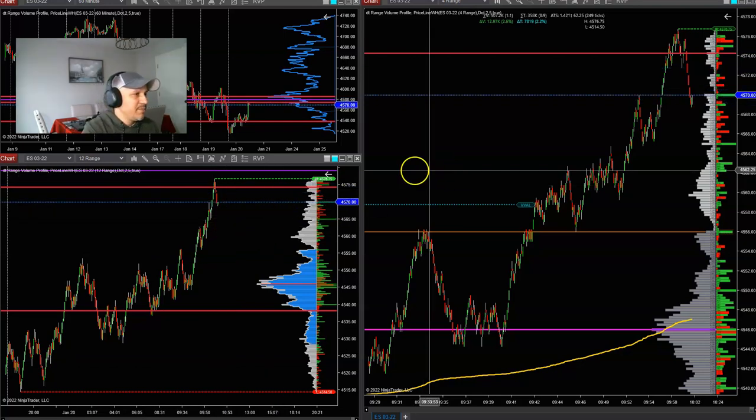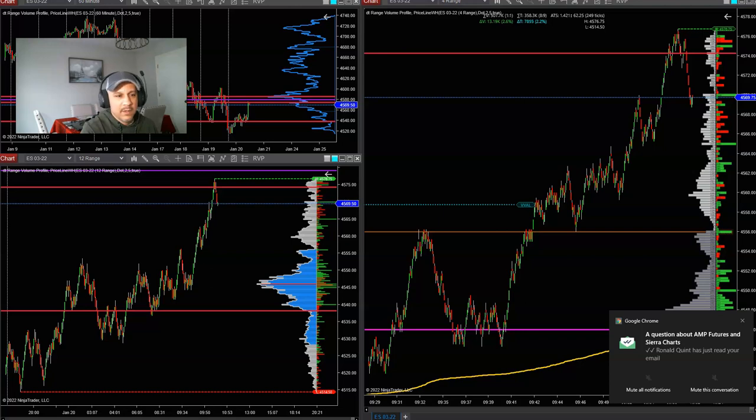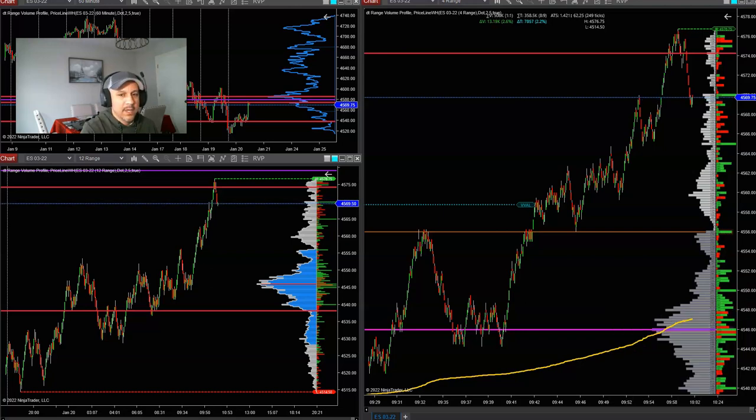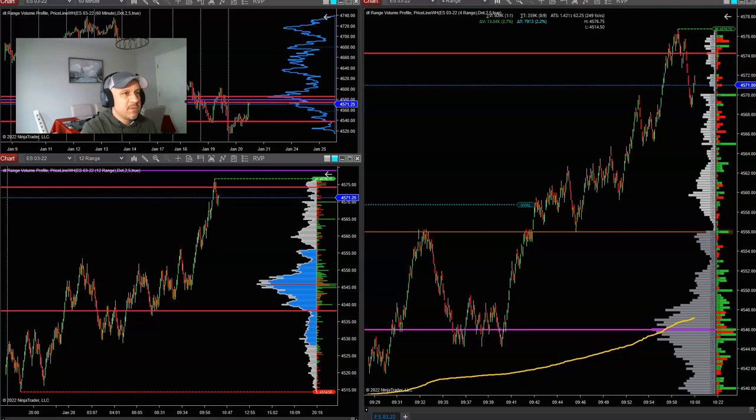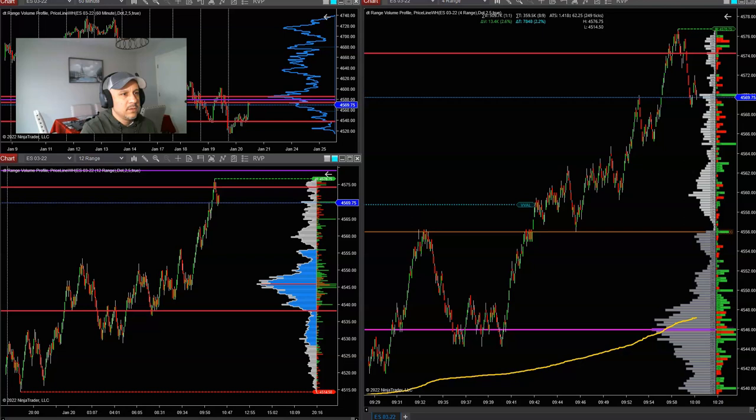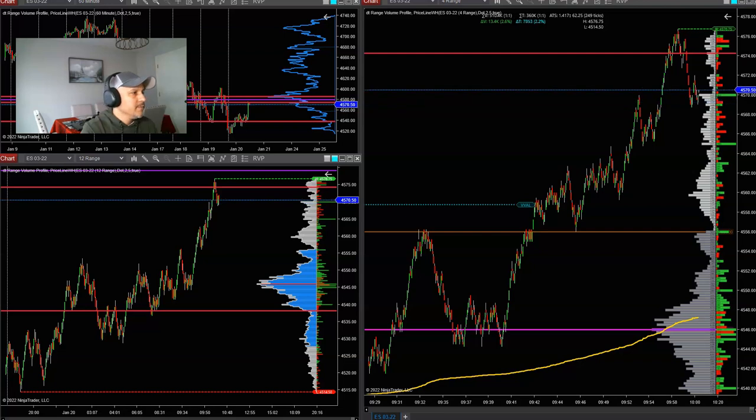Okay, so price is pulling back right now. See price jump right up to that area right there. Price pulled back and it bounced. All right, so let's see here.